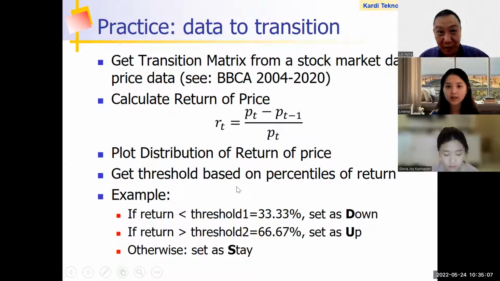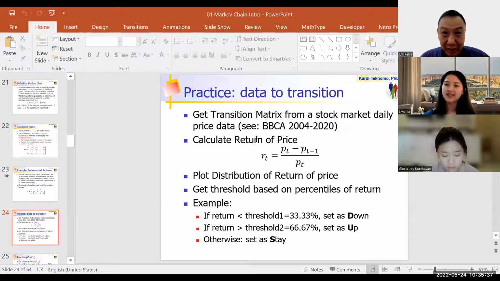If yes, I will give you the stock data of PCA, or you can find it. This is the bank of PCA. Or do you want to practice this as an assignment? Maybe I'll give you the data later in Lentera. I forgot to put this in Lentera. Markov chain.